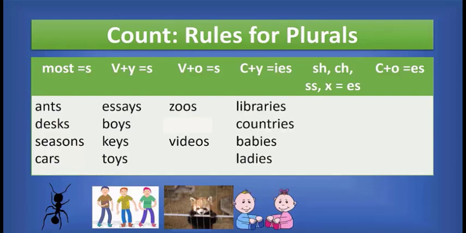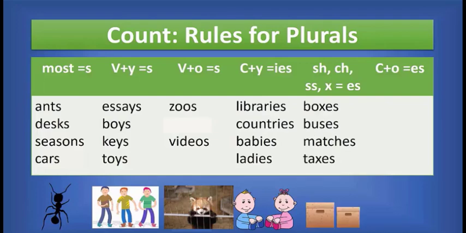If a noun ends in a consonant plus Y, we need to change the Y to I and then add ES, such as libraries, countries, babies, ladies. Words that end in sh, ch, s, and x need ES added. For example, boxes, buses, matches, and taxes.